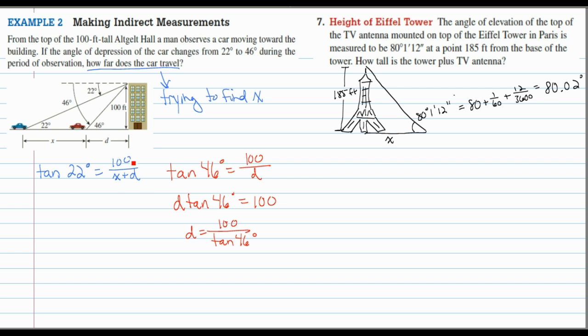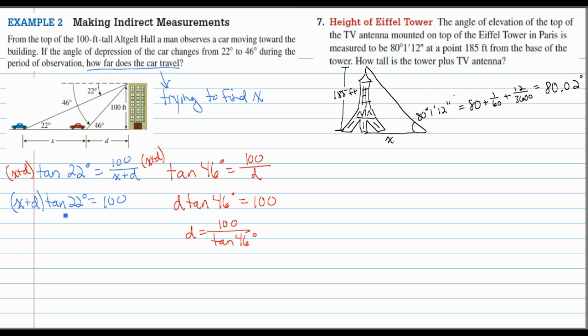Now, I don't want to leave a fraction in a fraction with a plus in the denominator. That is a mess. So I'm going to do a little work to this side first. I'm going to multiply both sides by x plus d, and I'll get x plus d times the tangent of 22 degrees equals 100.